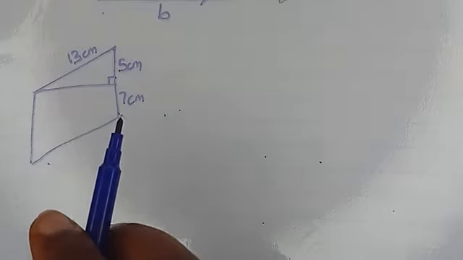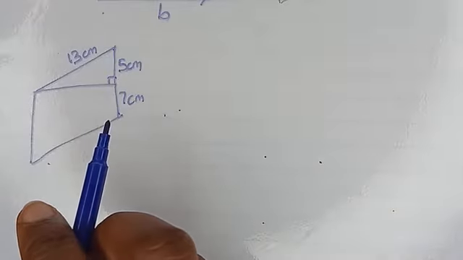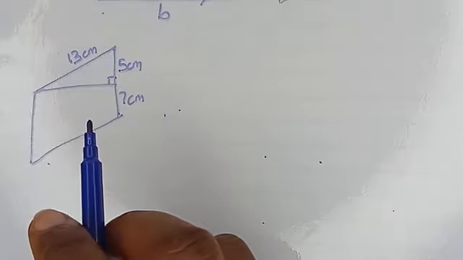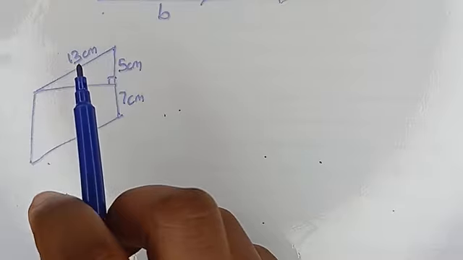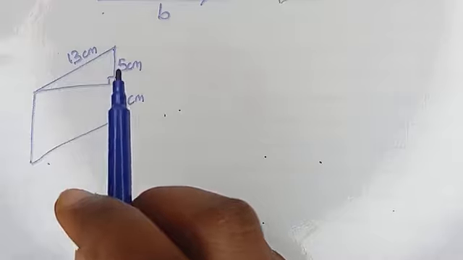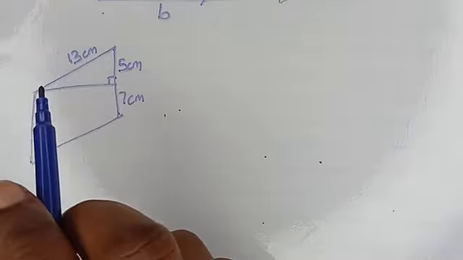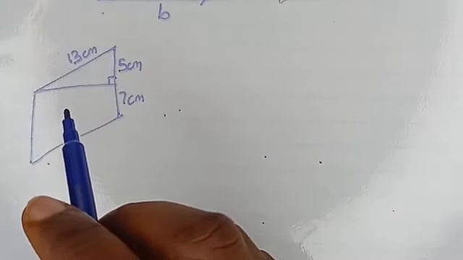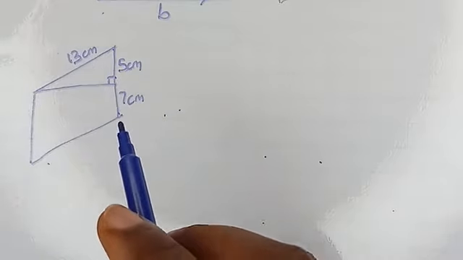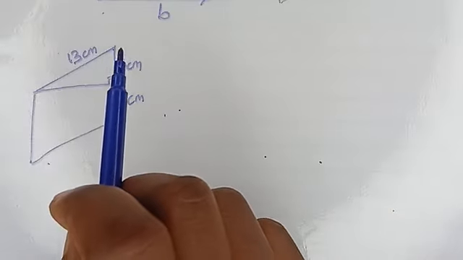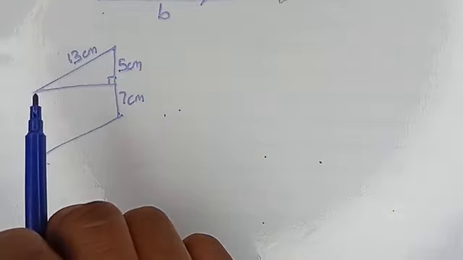Okay, right here we've been given this parallelogram, and we've been asked to find its area. Remember that the area of a parallelogram is base times height. Since no angle is given, we are going to use base times height.